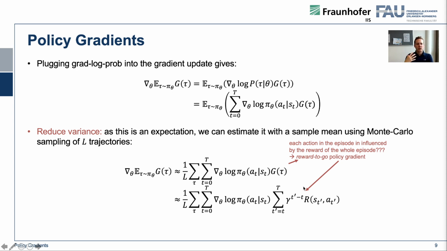Why can we do such a mathematical reformulation? There's also an explanation for this. All the actions that you have taken before, or the return or reward that comes from those actions, are conditionally independent of what's happening now. So you can treat everything that happens before as something like a baseline that will not change the expectation.